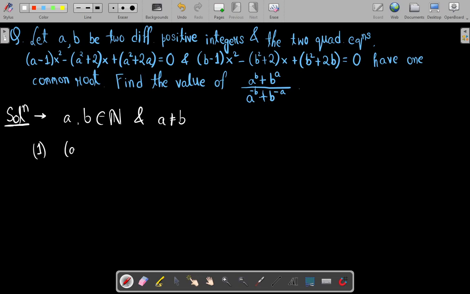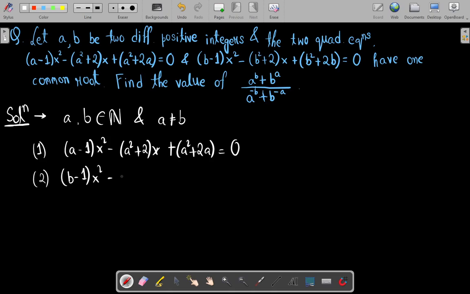The first one is (a minus 1)x² minus (a² plus 2)x plus a² plus 2a equal to 0, and another identical equation in b: (b minus 1)x² minus (b² plus 2)x plus b² plus 2b equal to 0.